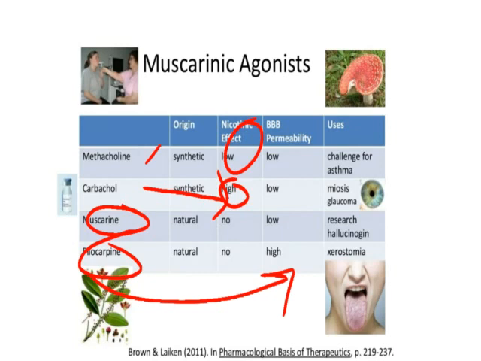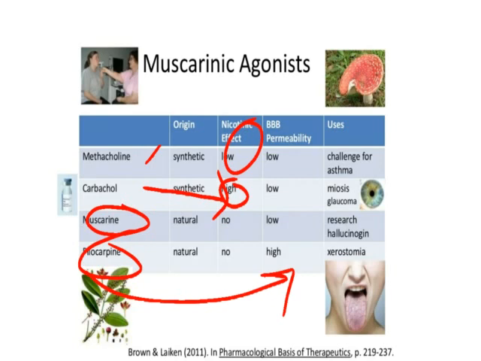And what are the uses? Methacholine is used as a cholinergic for asthma diagnosis. Carbachol is utilized for miosis, in glaucoma.